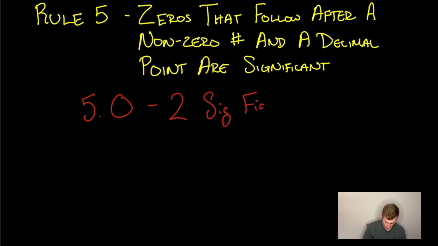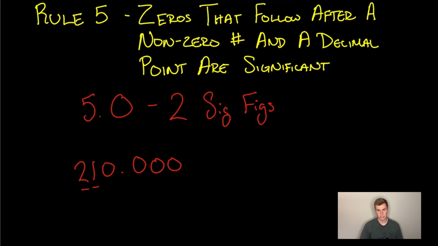But let's say we have 210.000. Well, in this case, you have 2 non-zero numbers. Those are both significant. And this first 0 is previous to the decimal point, right? But then you have these 3 zeros following the decimal point.